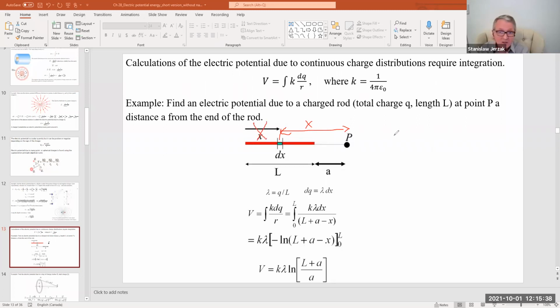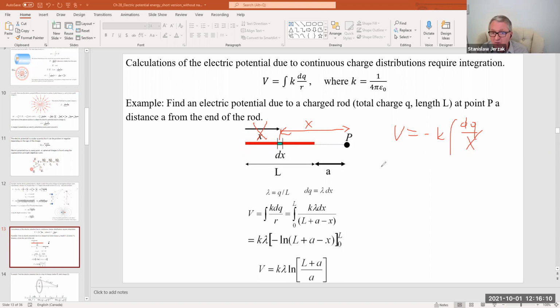Well, you would set up the integral in a similar way, so that the total potential is then equal to k dq divided by the distance, but the distance now of that element of charge to point P, I designate by x. So divided by x, because x is the distance now.